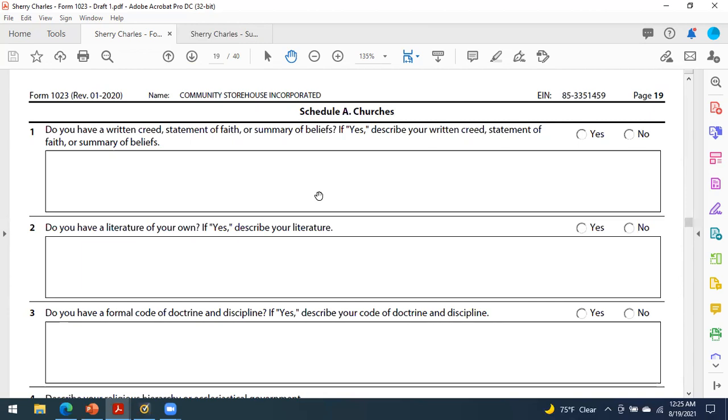These pages include what are called schedules. The schedules are designated to certain types of entities. For example, Schedule A is for churches. So if you are creating a church, then you will complete Schedule A, okay?